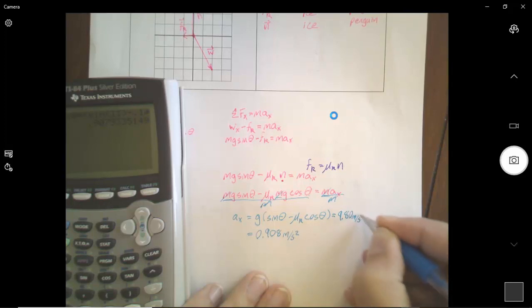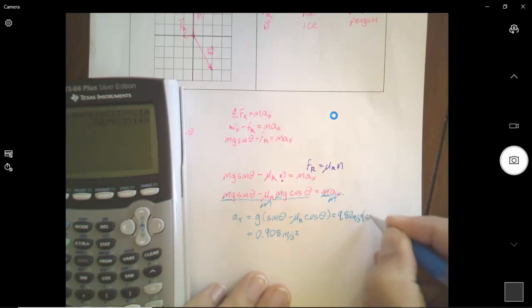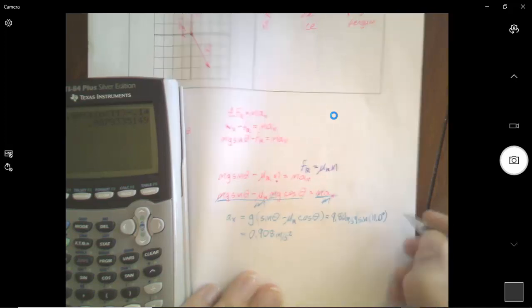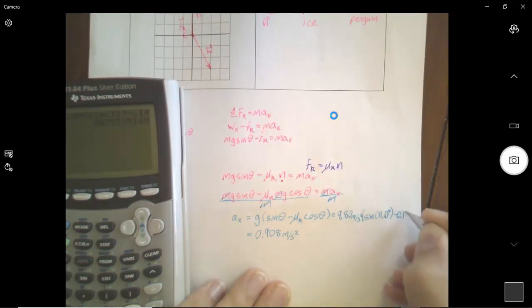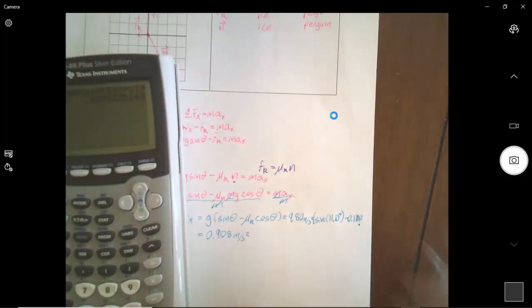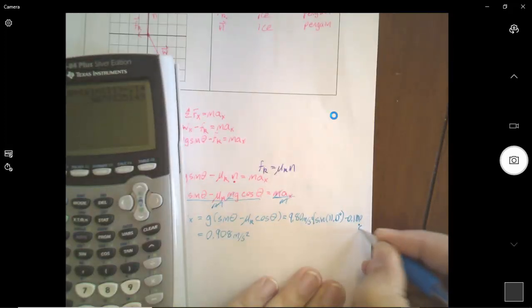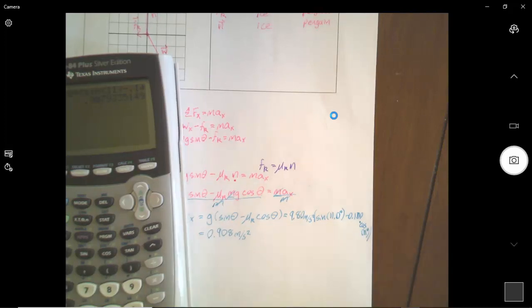So I will backfill that. So sine of 11.0 degrees minus 0.100. Oh no! Plan ahead. Cosine of 11 degrees. Close enough. All right.